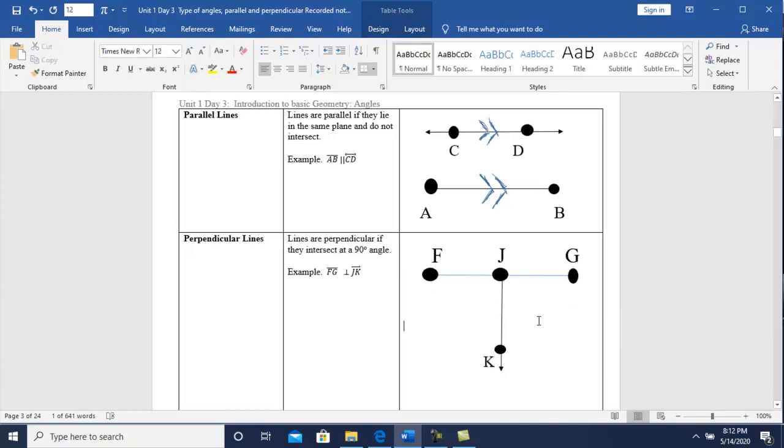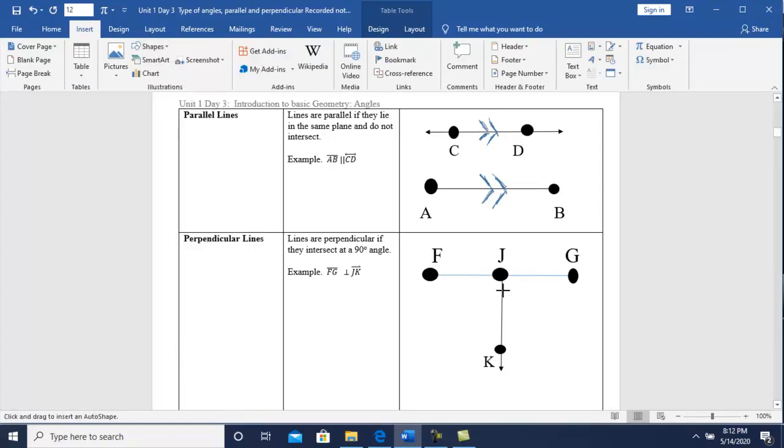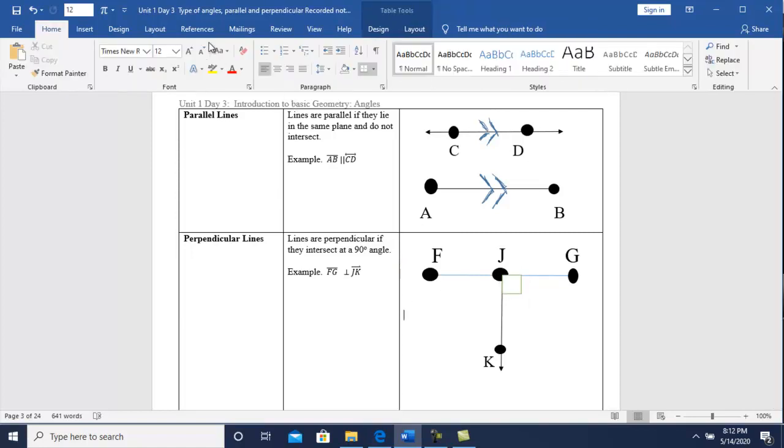Now, the key is when you see this upside down T, that means it forms a 90-degree angle. At the corner here, you got a little square, so it's a right angle.